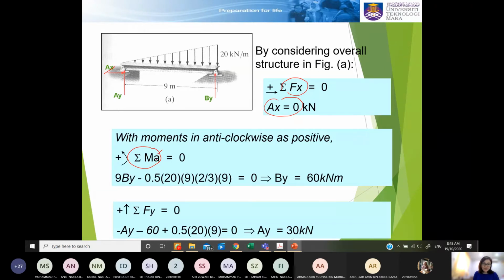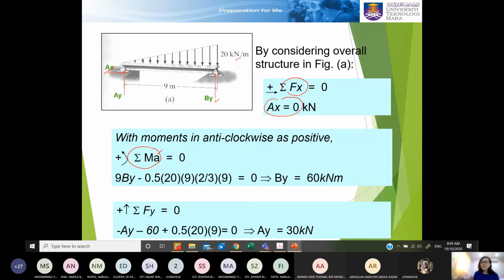Now you have this loading By and also 20 kilonewton per meter to be considered. When you have this sort of distributed loading, you need to determine the resultant of this loading.